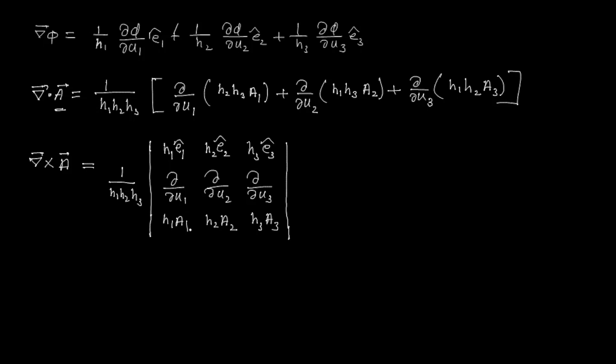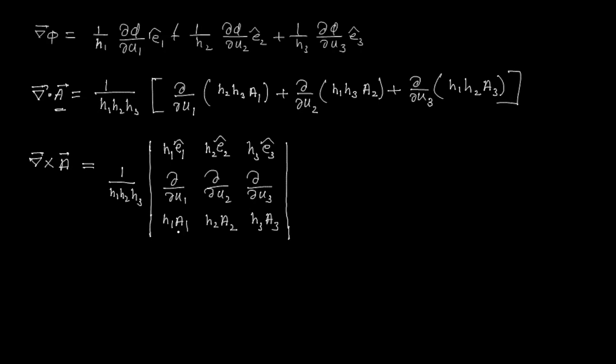Okay, but this a1, a2, a3, first component, second component, third component, means if this A is given in rectangular coordinate system, then a1 will be the x component, a2 will be the y component, and a3 will be the z component. If this A vector is given in spherical polar coordinate system, then a1 will be the r component, a2 will be the theta component, and a3 will be the phi component.